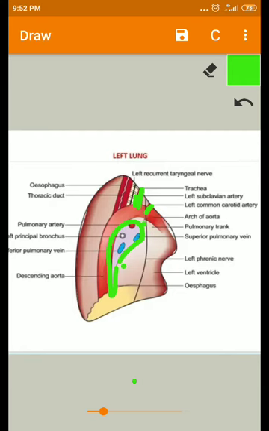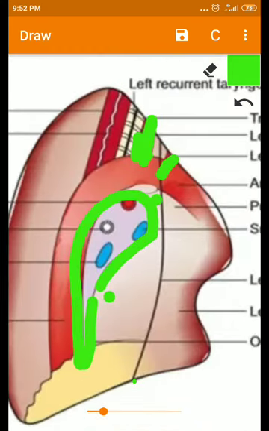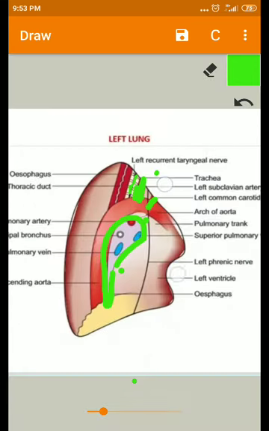After that, it is related to the left recurrent laryngeal nerve. On the right side, we have seen it is related to the right vagus nerve. Here it is related to the left recurrent laryngeal nerve.